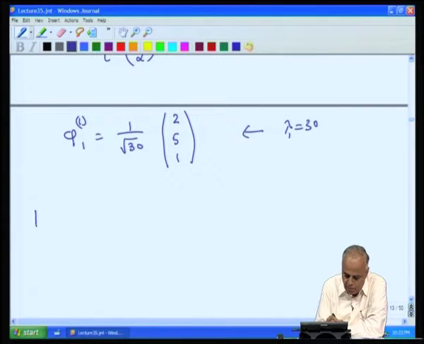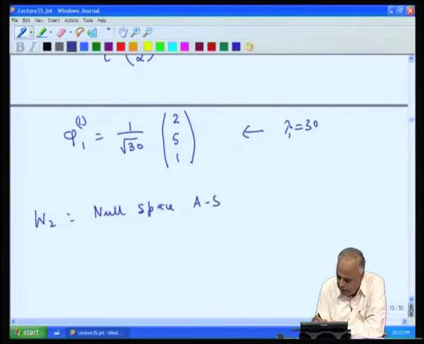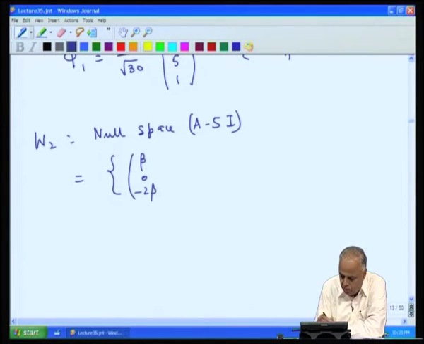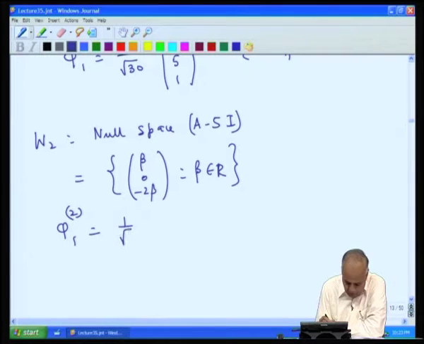Then we look at W 2, which is the null space of A minus the second eigenvalue, which is 5 I. Now, we can verify that this consists of all the vectors of this form, and the corresponding orthonormal eigenvector is (1, 0, minus 2).